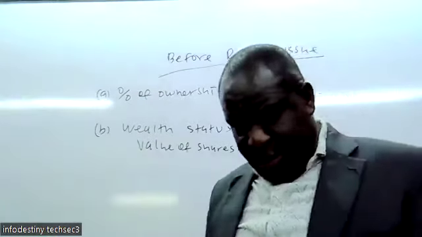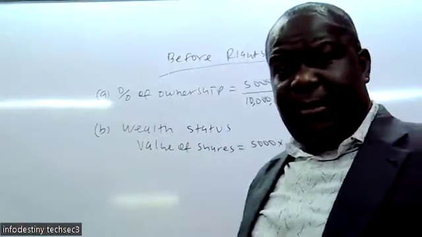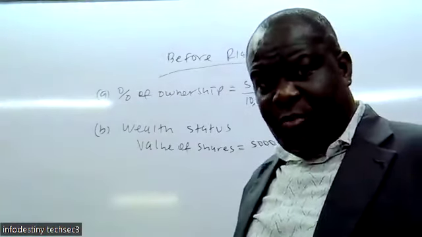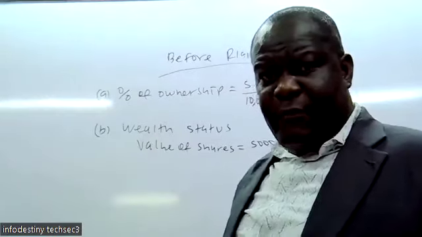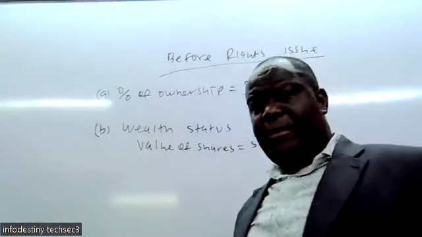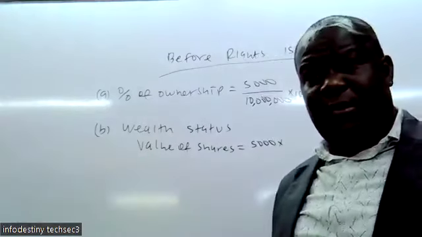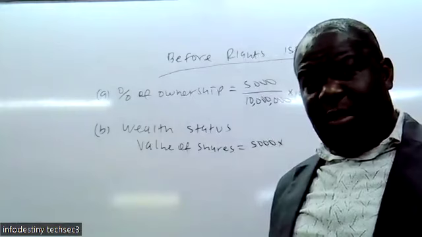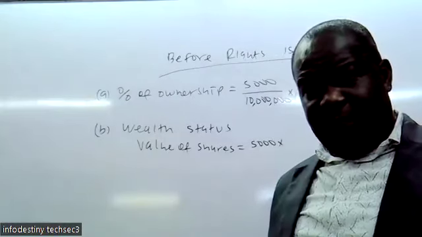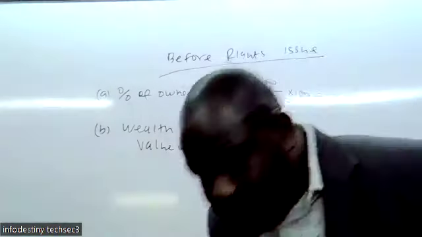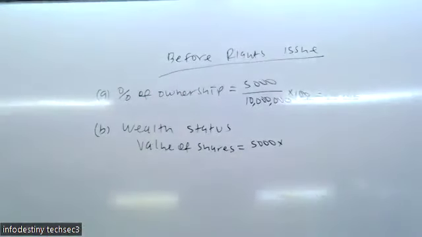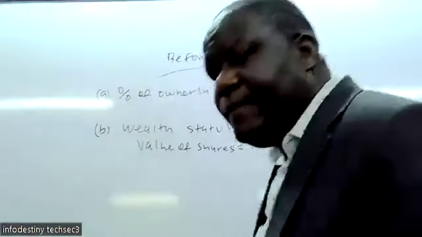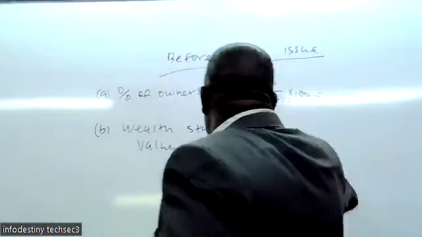Just check what we did in the last class and give me the current market price per share, because I don't have the figure. 11.9. Yeah. So you multiply by 11.9.